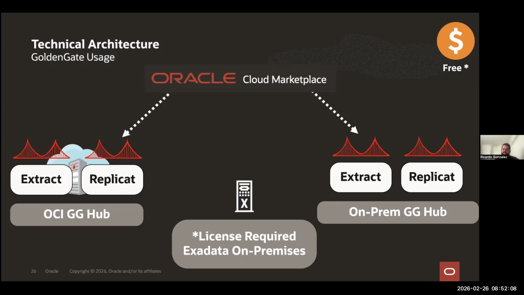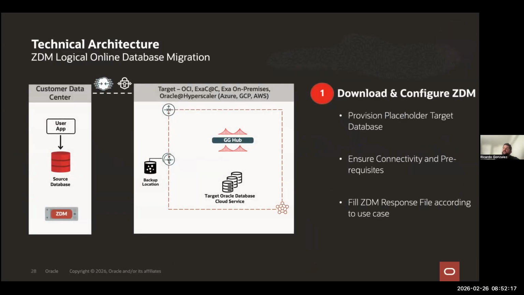Now I'm going to wrap up super quick on the step-by-step for logical migration, and then I'll open up for questions, if that's fine. Based on what we saw for physical migration, let's say the setup is the same for logical. You have ZDM running on a VM, your source database, and the target database in the cloud. We would require a backup location for the dump files. In OCI it could be, again, FSS or OSS.